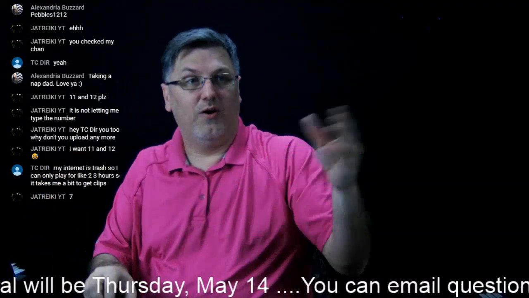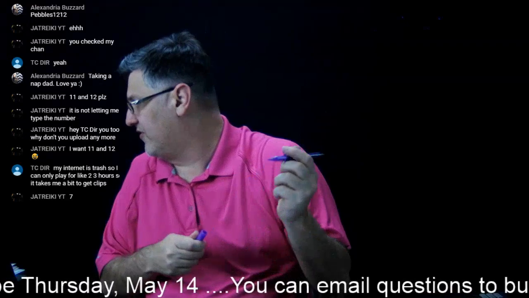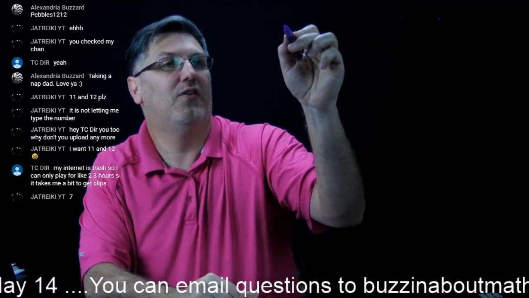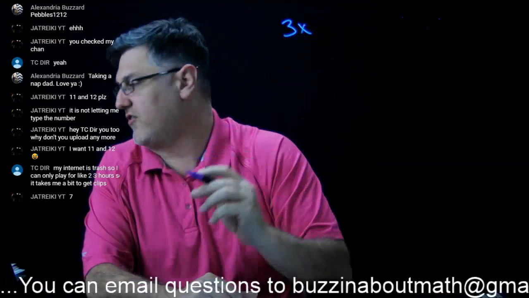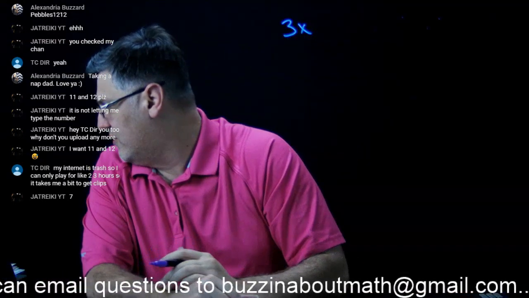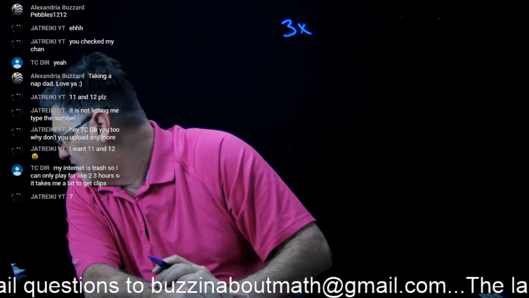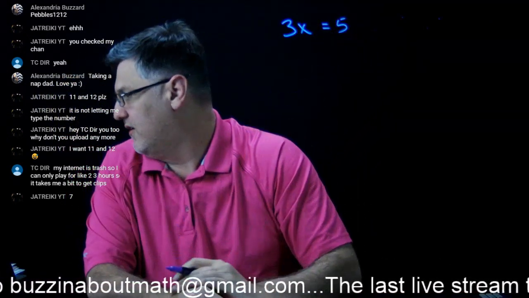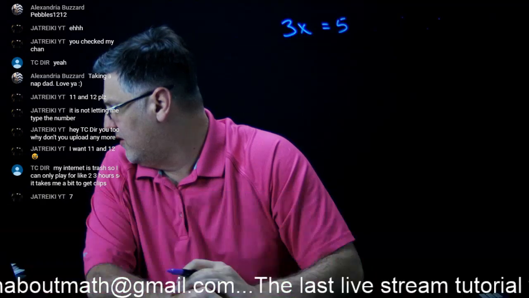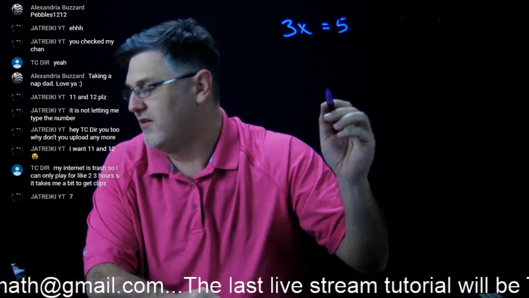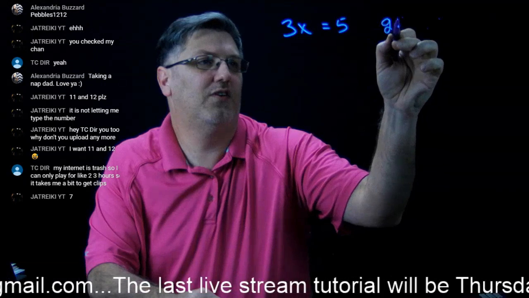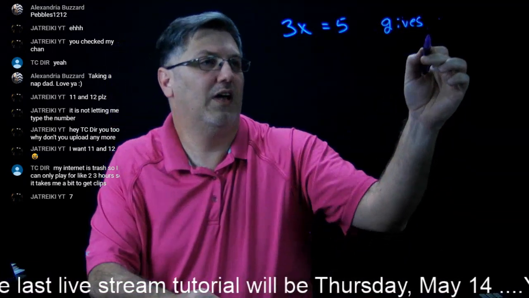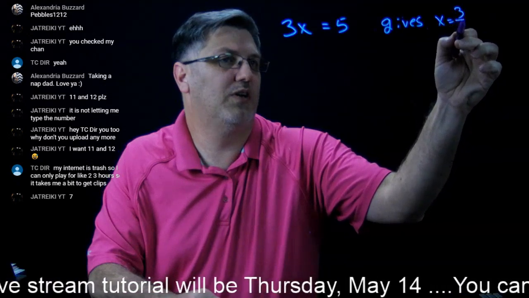All right, here we go. 11-7. You have 3x equals 5. And that gives x equals 3 over 5.